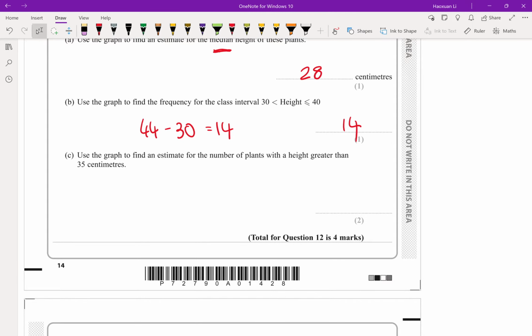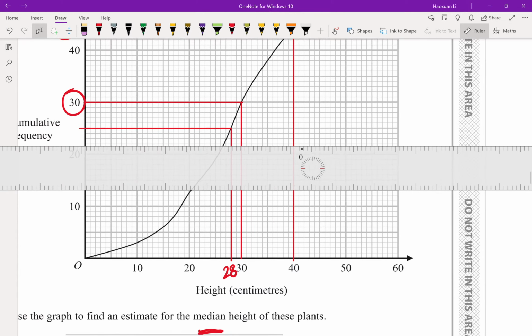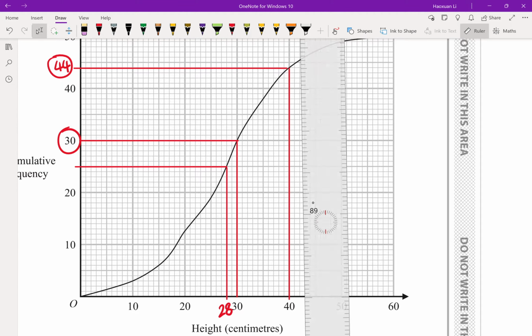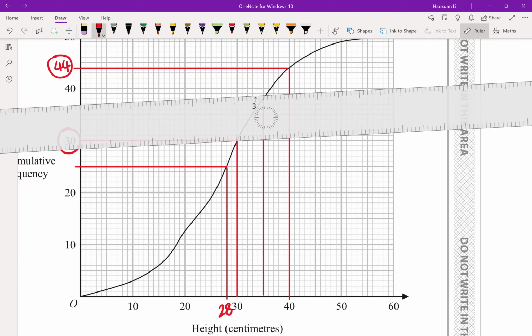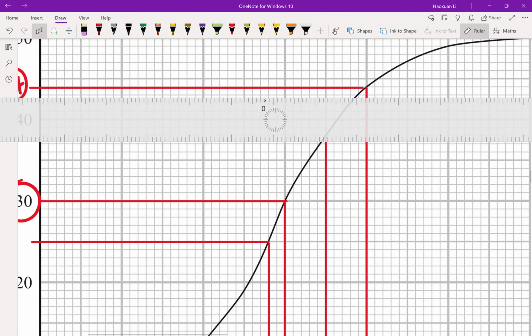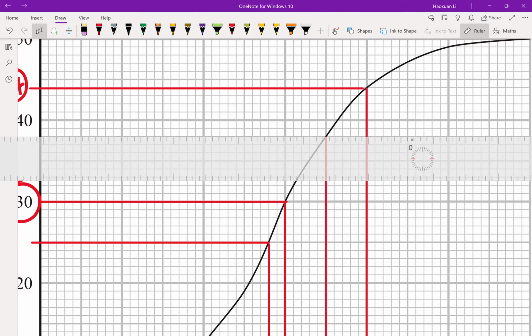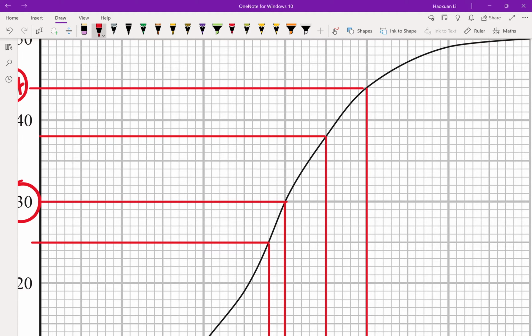Use the graph to find an estimate for the number of plants with a height greater than 35 centimeters. So here, you're changing the variables. You're not looking at the cumulative frequency, but you're looking at the height. So here, you draw the line through 35 upwards and you draw a line horizontal.